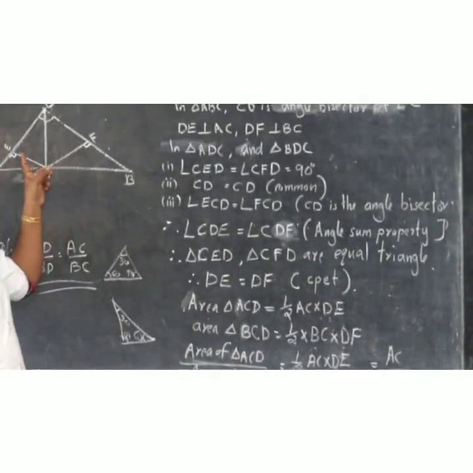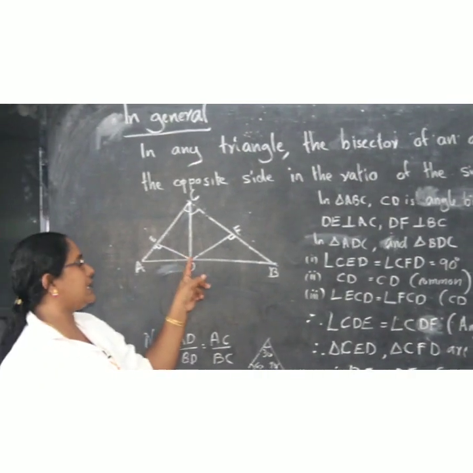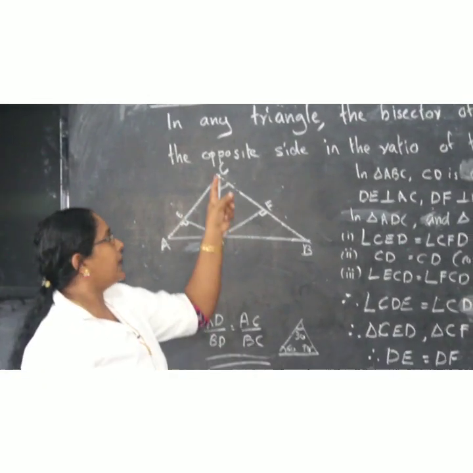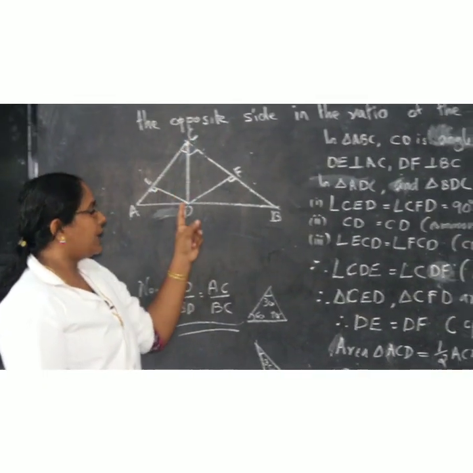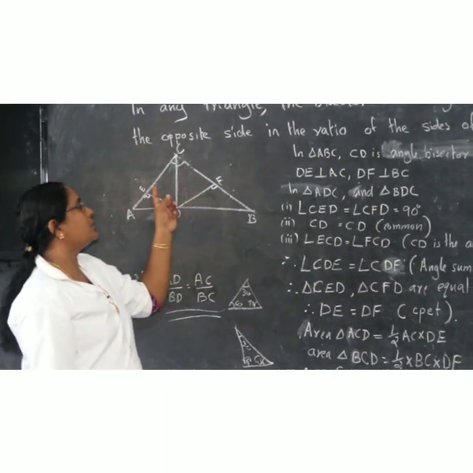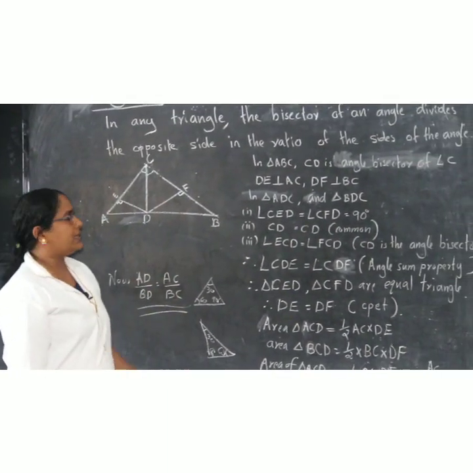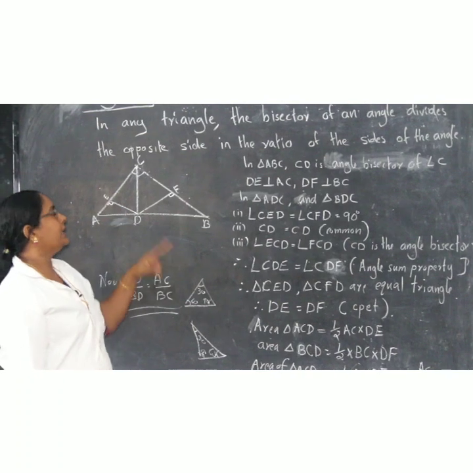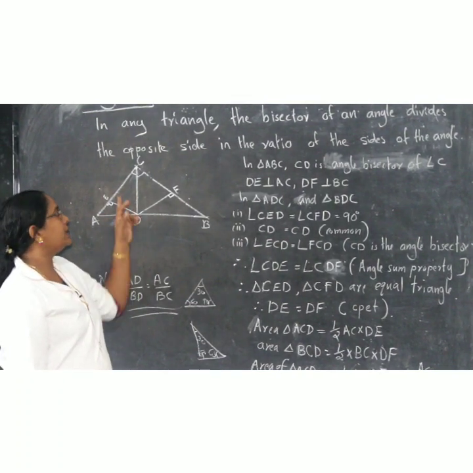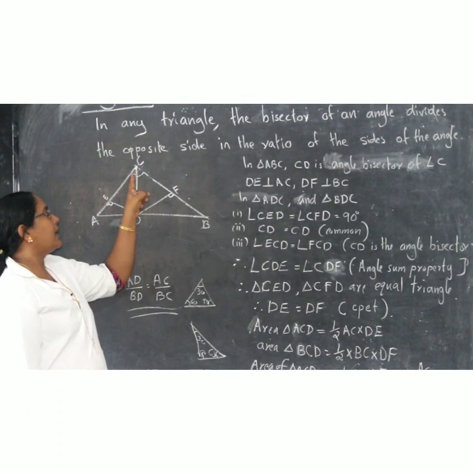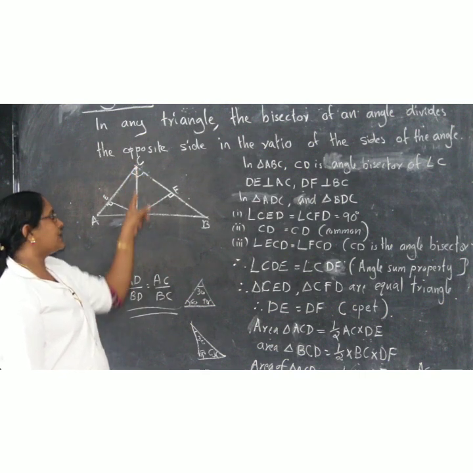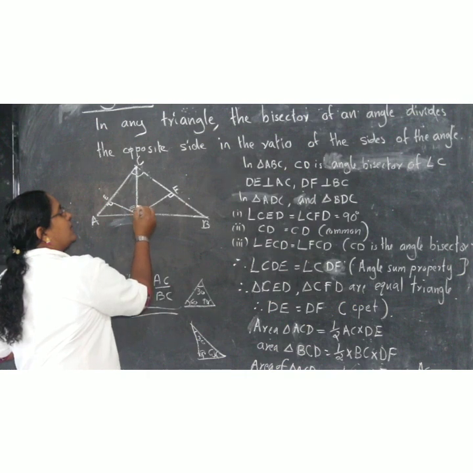Therefore, triangle CDE and triangle CDF are two equal triangles. Reason: three conditions are equal. What are the three conditions? Two angles are equal, this is a common side, and the third angle is also equal.